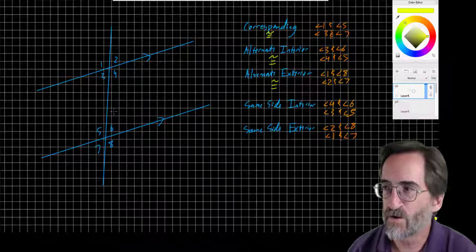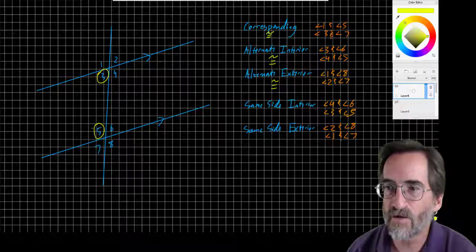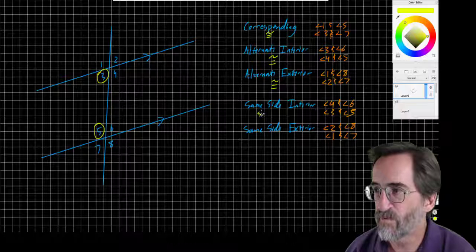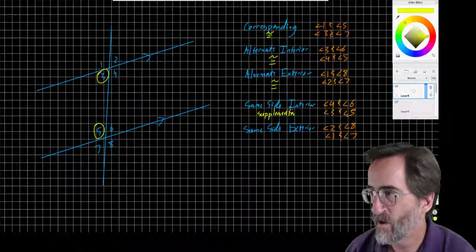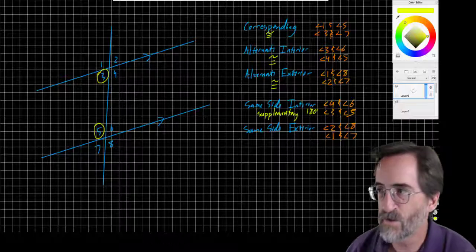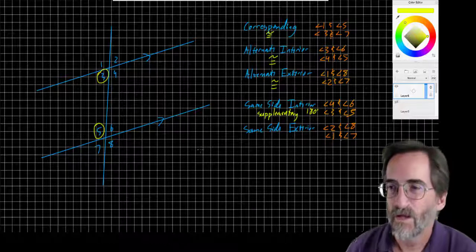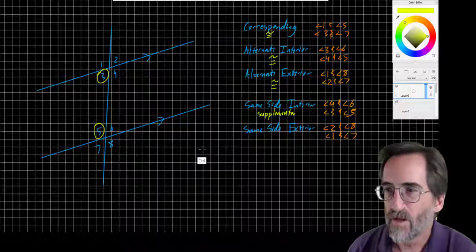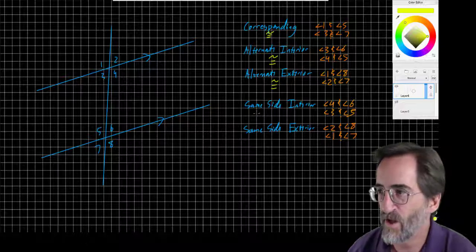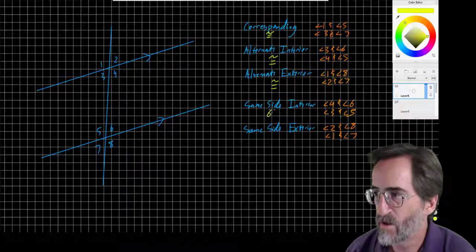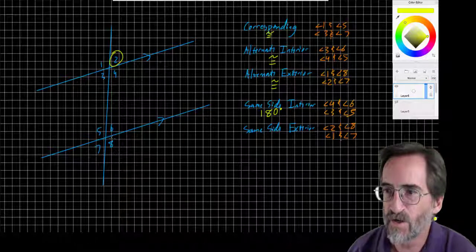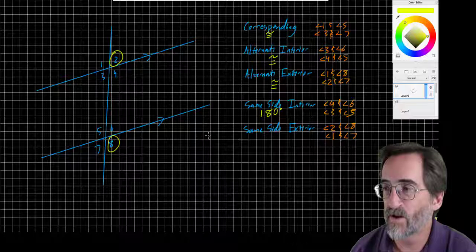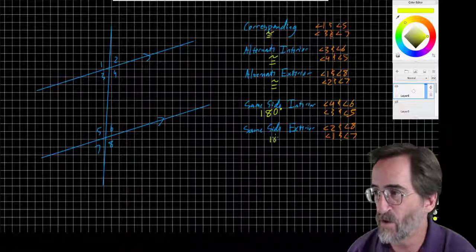Same side interior angles like 3 and 5 are not congruent, but they are supplementary, meaning they add to 180 degrees. Same side exterior angles like 2 and 8 are also supplementary. They add to 180 as well.